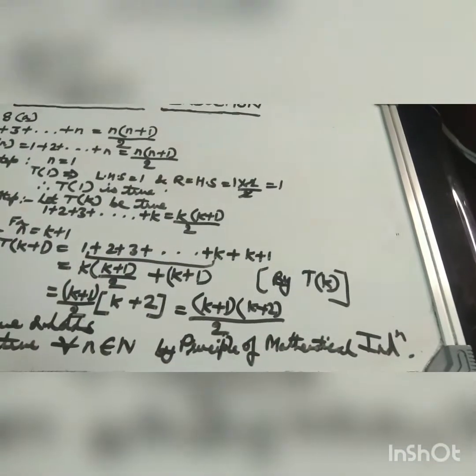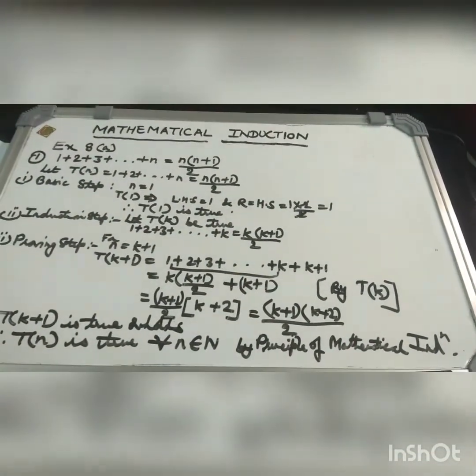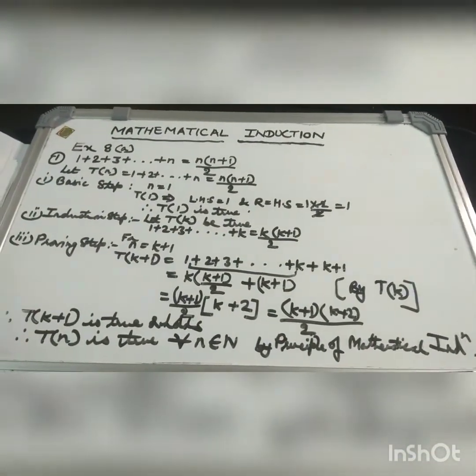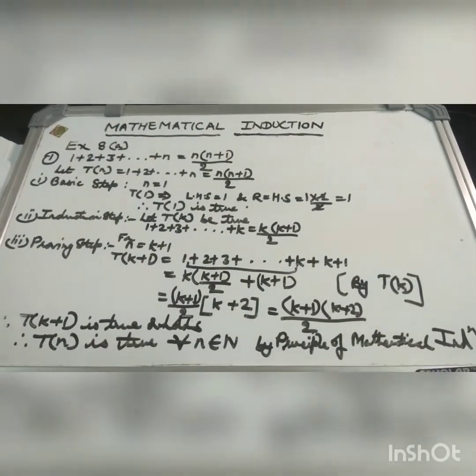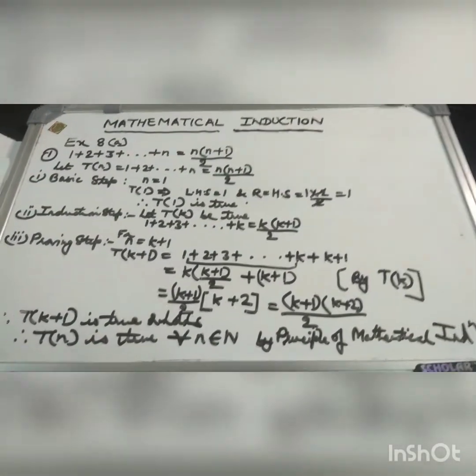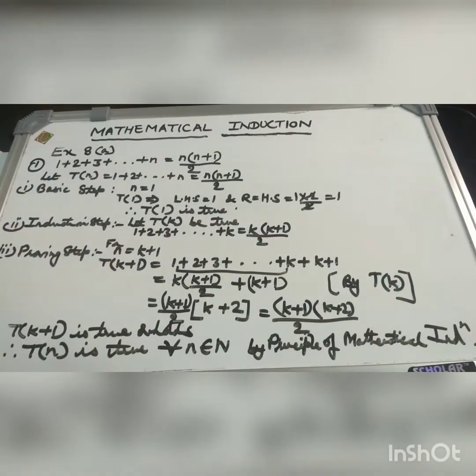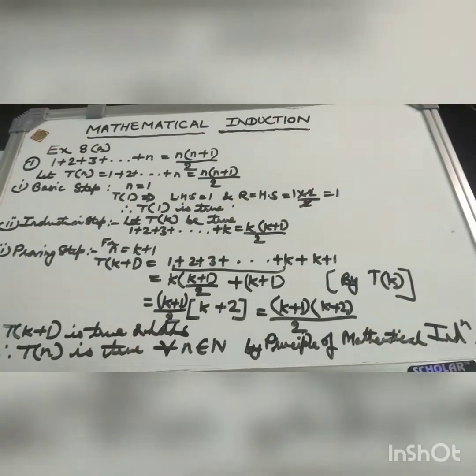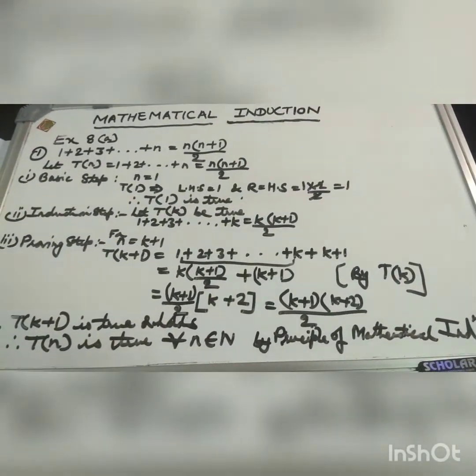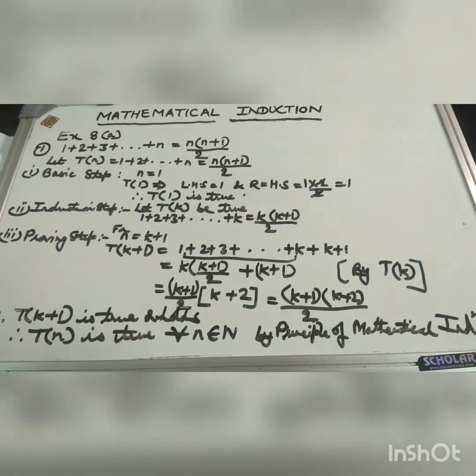Hence, proved. So, this is the complete proof for writing the mathematical induction problem. You have to write all the 3 steps. Please note all the steps. How to proceed with every question, you will have to write all the 3 steps.